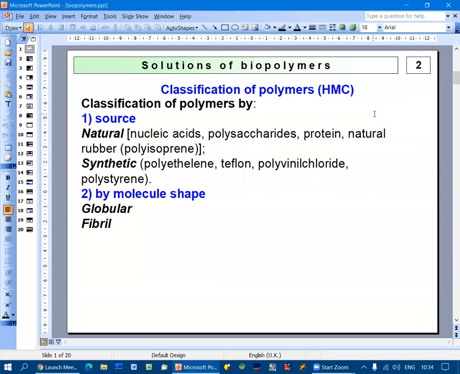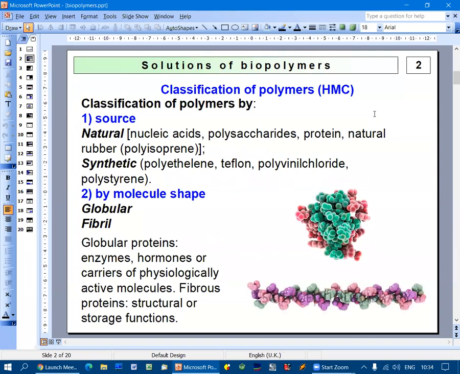So, biopolymers or high molecular weight compounds. This is the abbreviation. You can add W here if you want. Substances which consist of macromolecules, and they have molecular weight of at least 10,000 atomic units.